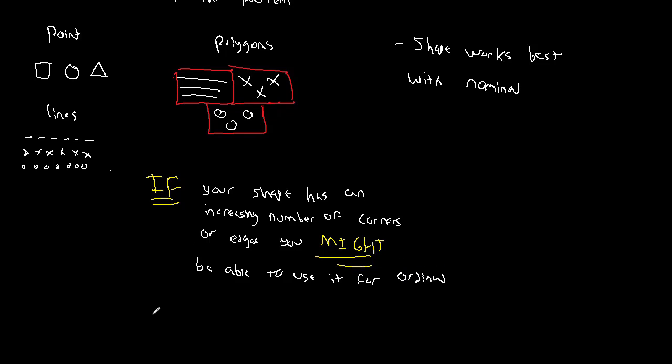Let me give an example. If you go from, say, a triangle to a square to a hexagon to an octagon, there is potentially a visible idea of ranking here, but it is subtle.